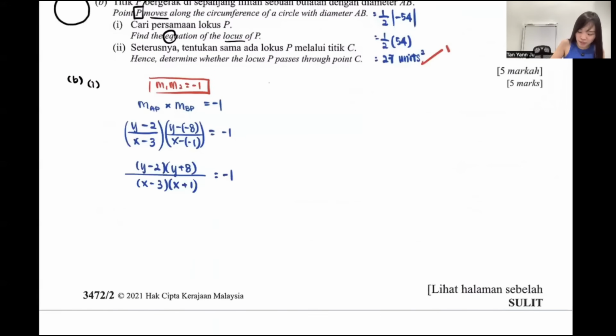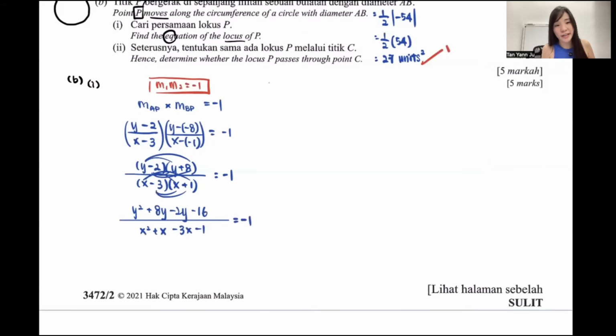Now, let's start to expand it. y times y, y squared. y times 8, 8y. -2 times y, -2y. -2 times 8, -16. Bottom left, x times x, x squared. x times 1, 1x. -3 times x, -3x. -1 times 1, -1. Equivalent to -1.